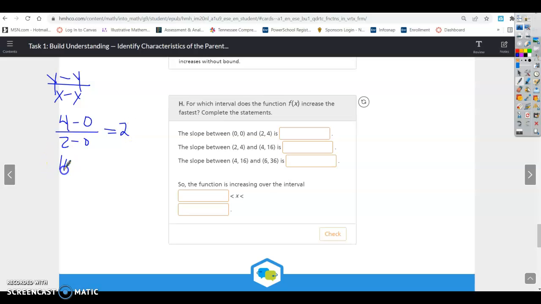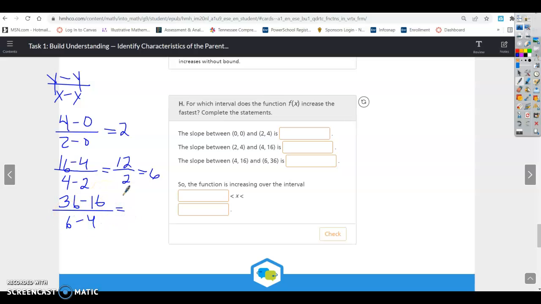The next one is 16 minus 4 over 4 minus 2. 16 minus 4 is 12 over 2, or 6. And the slope of the last one is going to be 36 minus 16 over 6 minus 4.